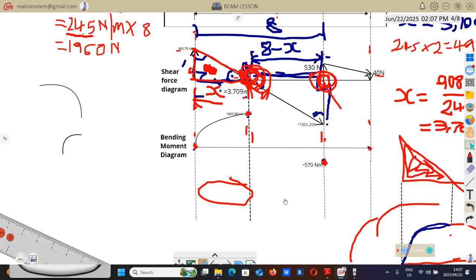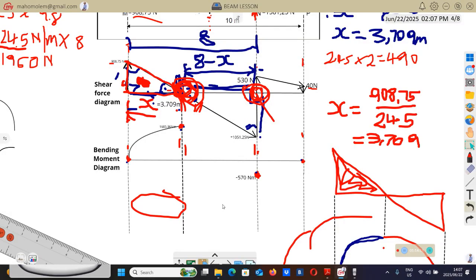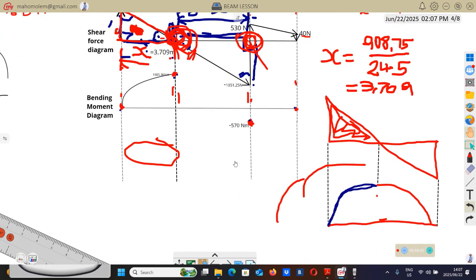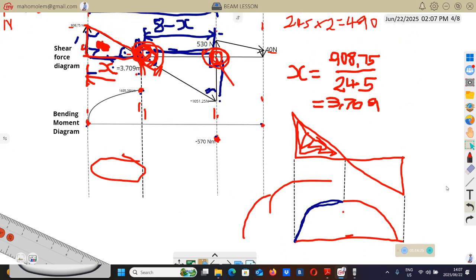And then now you check between this point and this point, as I've said, that there is a UDL. You are going to have this triangle here below the horizontal line, and it's like this. As you can see, that triangle is like this.